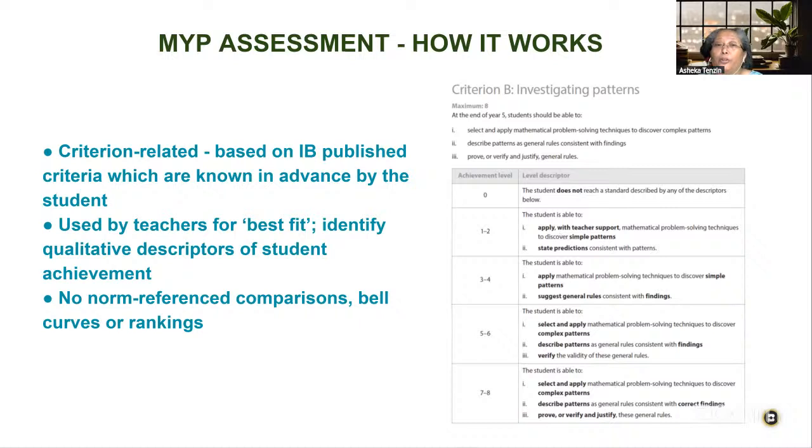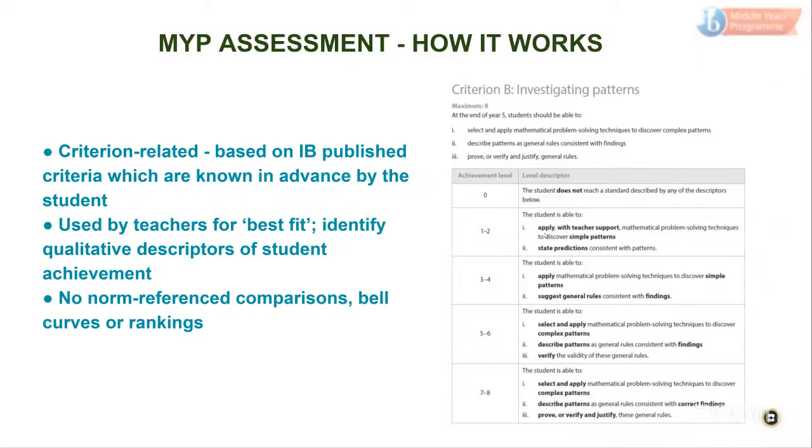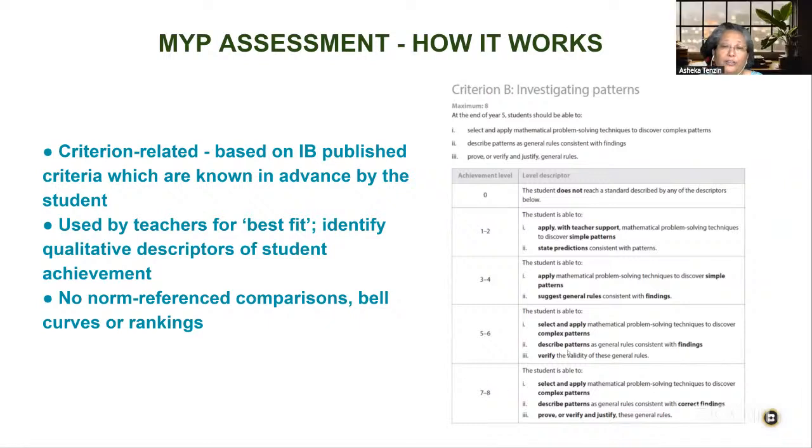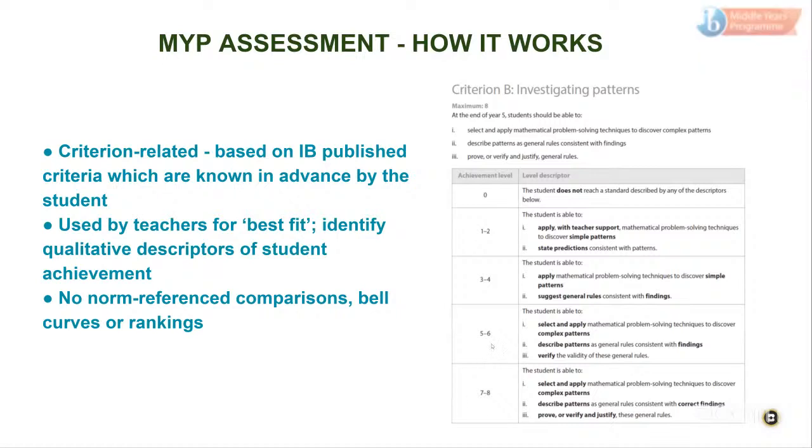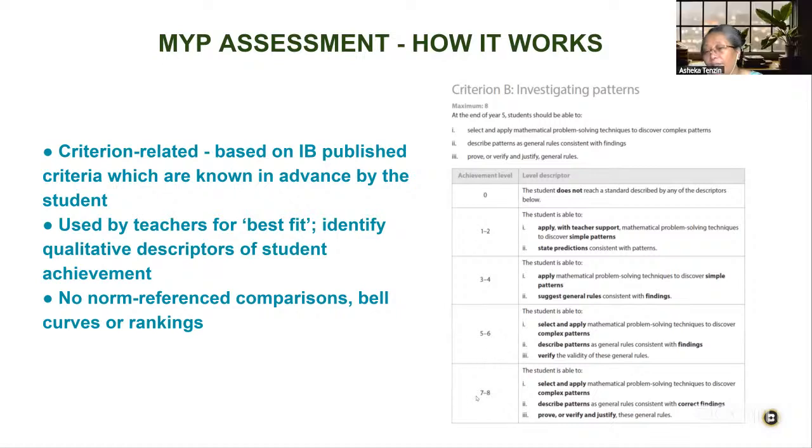So here what you do is you look at your formative assessments. You would have taken some assessments during teaching and learning, right? Over there, if the students have done very well in the lower ability questions, then if I have to decide between 6 or 7, and the students have done really very well, then maybe I will give the student a 7.